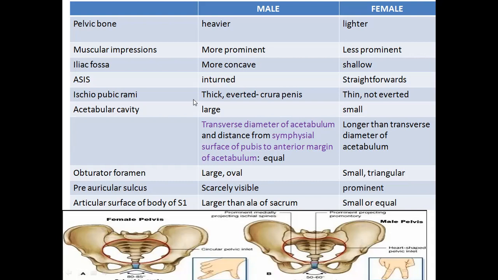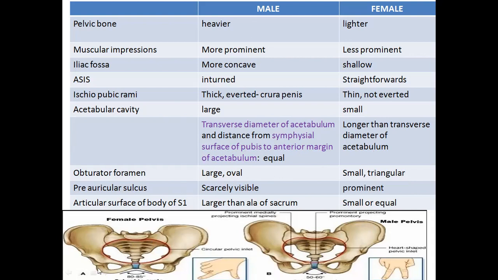The acetabular cavity is large in males and small in females. In males, the transverse diameter of the acetabulum and the distance from the symphyseal surface of the pubis to the anterior margin of the acetabulum are equal, whereas in females the distance is longer than the transverse diameter of the acetabulum. The obturator foramen we have already seen.